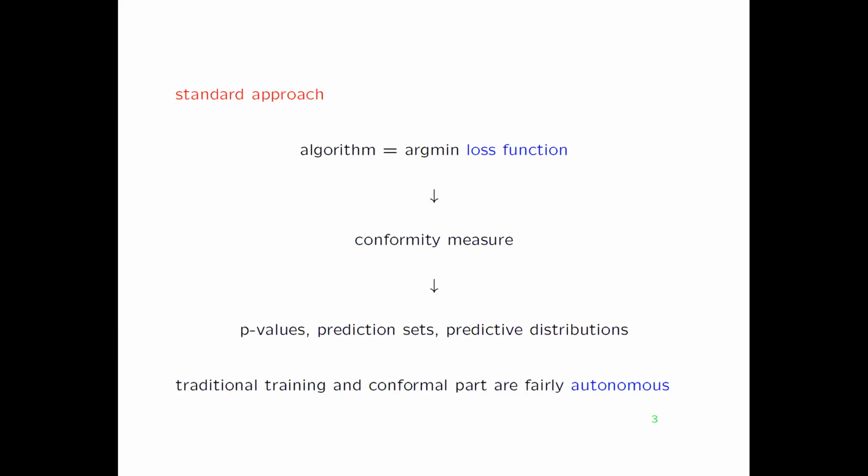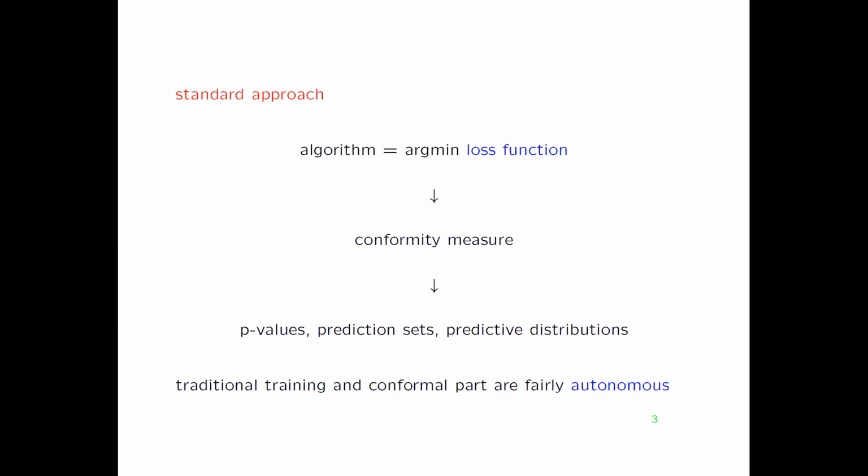But this is the first step. So once you have trained your algorithm, then to make conformal prediction you compute a conformity measure on top of this algorithm, and then everything is kind of automatic, because given a conformity measure, you can compute p-values, prediction sets, predictive distributions, and so on. I think that in other talks there is a nicer introduction to this approach, so I won't repeat it here.